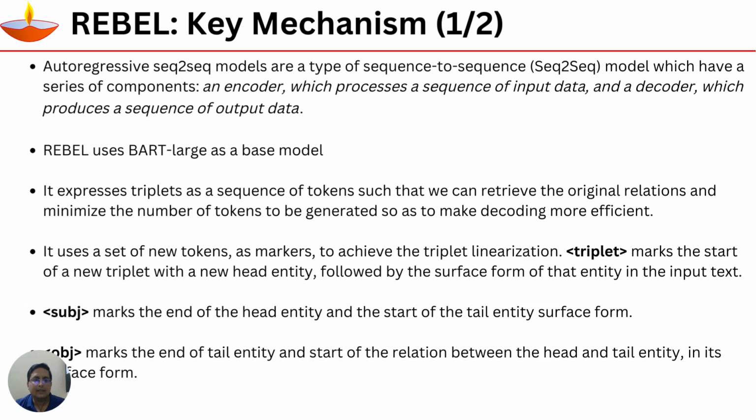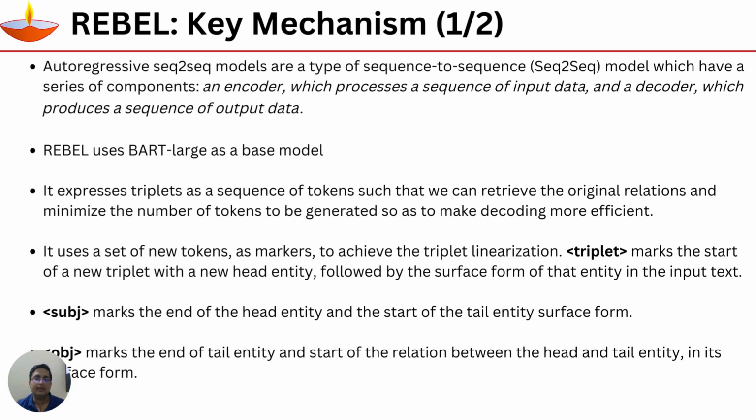The <subj> marks the end of the head entity and the start of the tail entity surface form, right? So if there is a single subject with multiple different objects, then there will be a single subj related marker, and then it will be followed with all the other obj related markers.